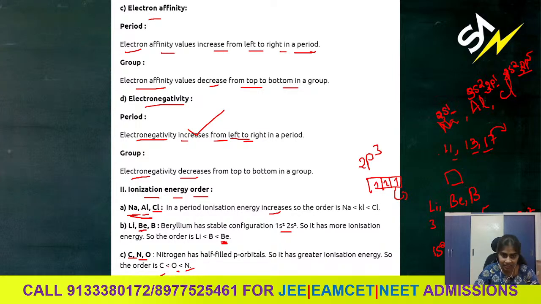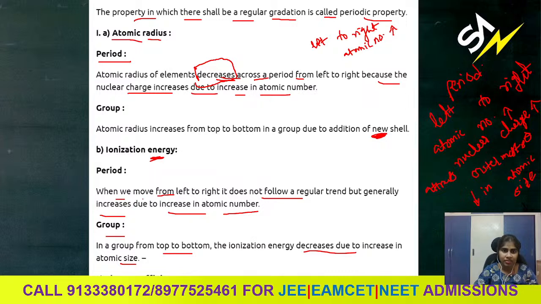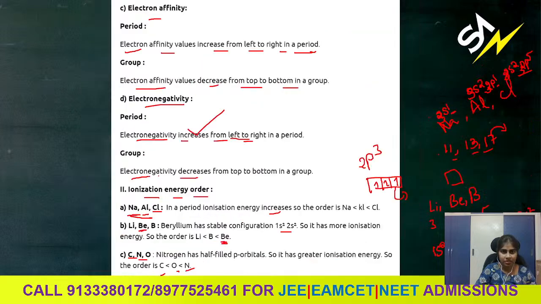That is the reason it is mentioned here: when we move from left to right, it does not follow a regular trend in a period. So that's why generally it is said to increase when we compare ionization energy in a period. So this is about this question. If you understand the concept clearly, you can easily answer this.